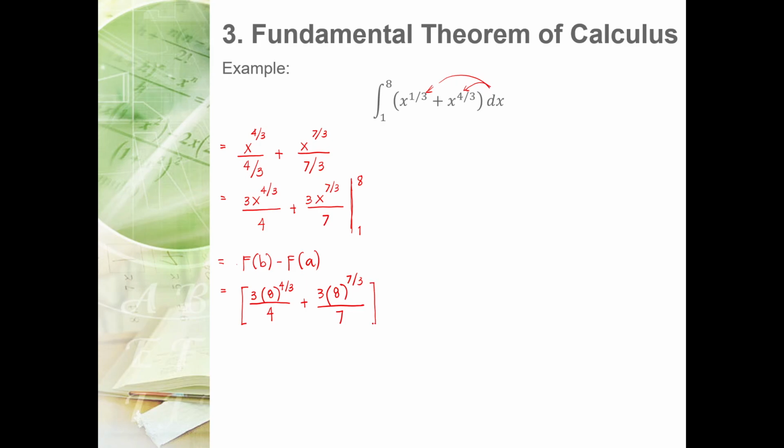Again, this is f of b. Then minus f of a. So f of a is 3 times 1 to the power of 4/3 all over 4, then plus 3 times 1 to the power of 7/3 all over 7.